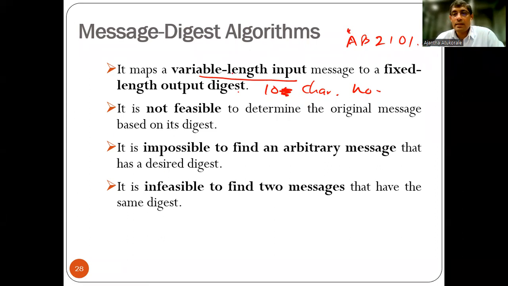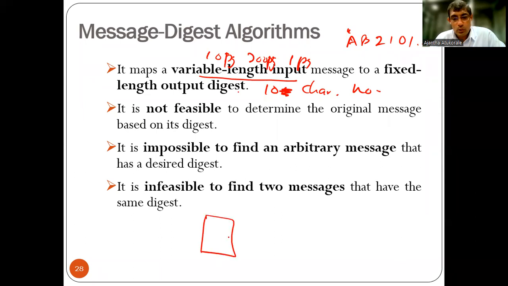Whatever the size, whether it's a 10-page document, a 200-page document or a 1-page document, you always get the same digest size, a fixed size digest. It is not feasible to determine the original message based on the digest. It's a one-way function.